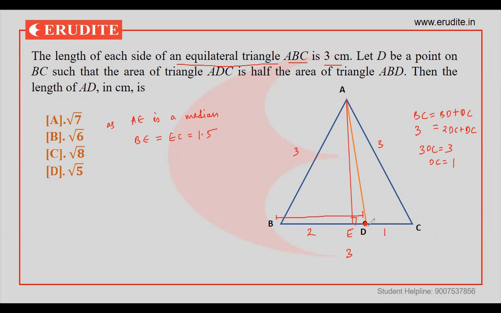Now try to understand, I can write EC as ED plus DC. EC is 1.5, DC is 1. So ED is how much? 0.5 or half. So for triangle AED, you can see that this is a 90-degree triangle, so we can use the Pythagoras theorem.